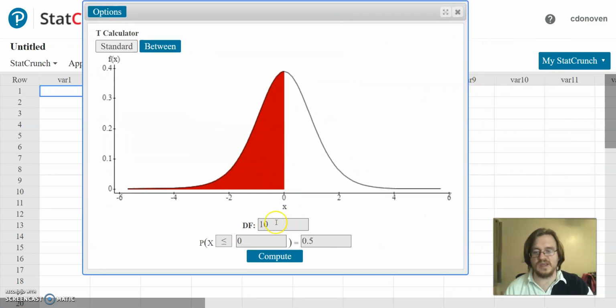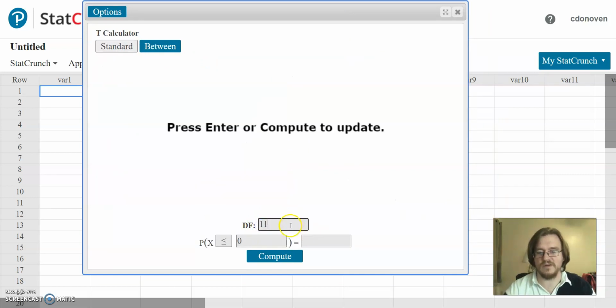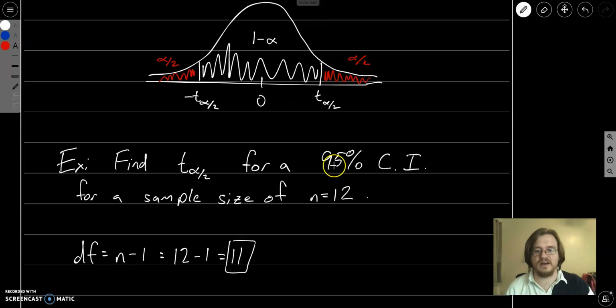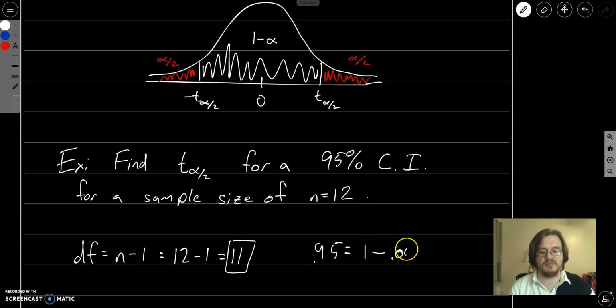And we can input our degrees of freedom. So we want our degrees of freedom to be 11. And coming back here, we want a 95% confidence interval. This means 0.95 is going to be the same as 1 minus 0.05. So alpha here is going to be 0.05.